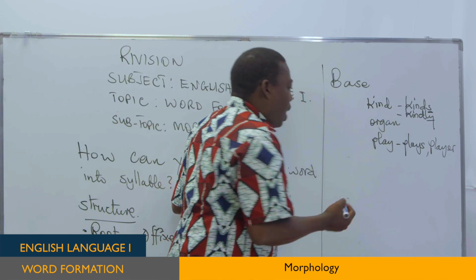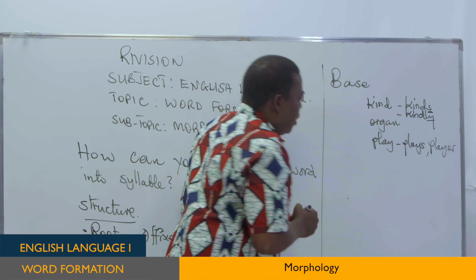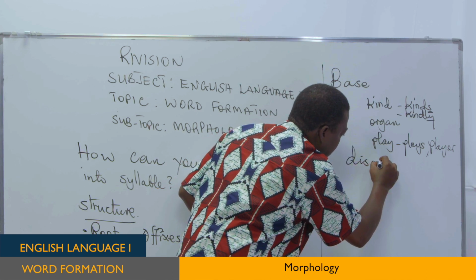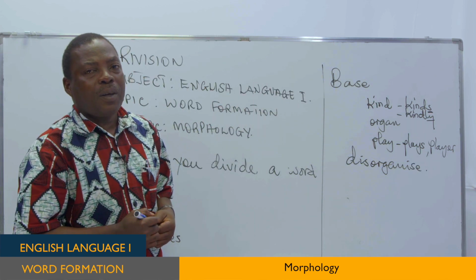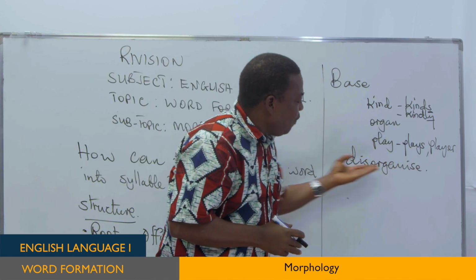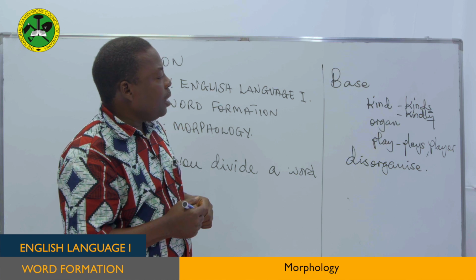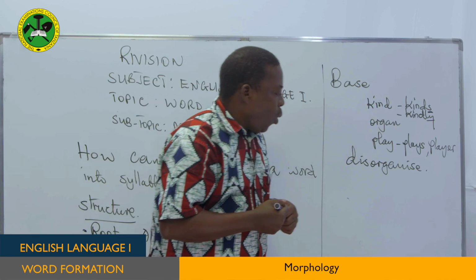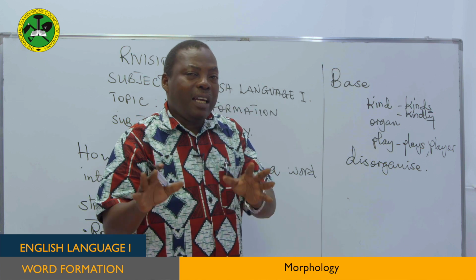If I may give you more examples, someone said disorganized. When I ask you which element you can identify here as a base, I would definitely have to think about making some segmentation to see what could be part of this word before it starts receiving any attachment.